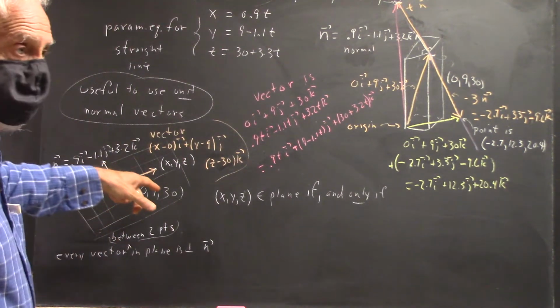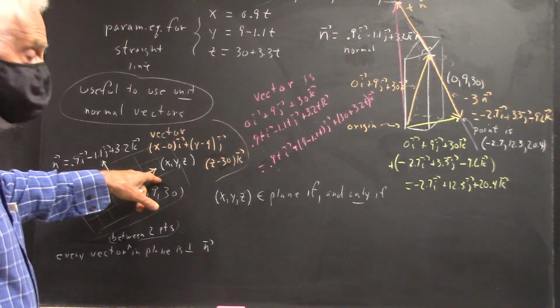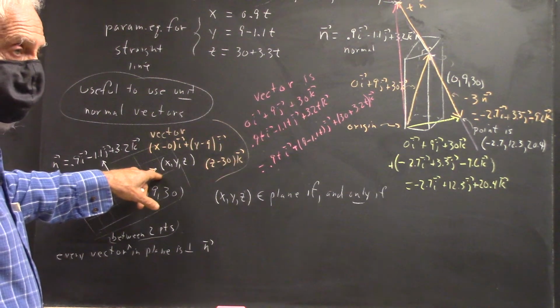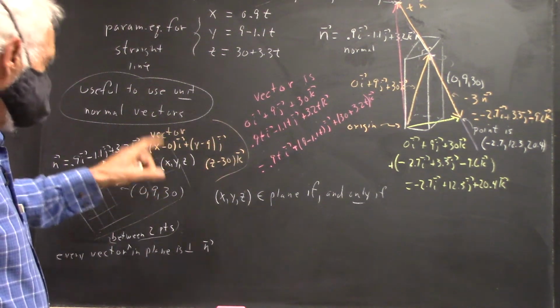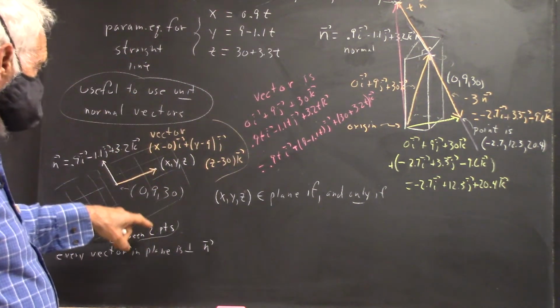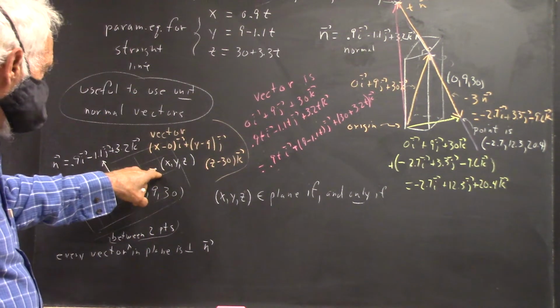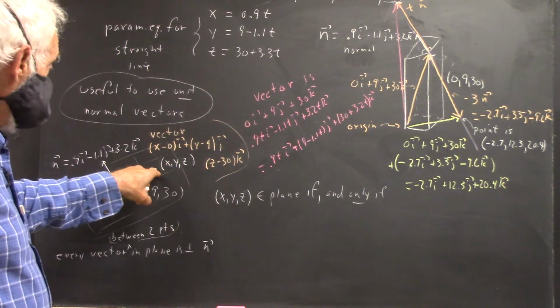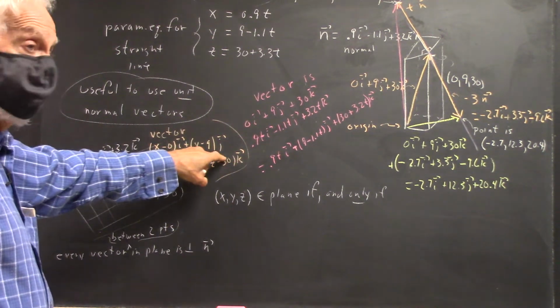From here to here, if you want the vector from here to there, the x component, or the i component, will be the x component of there minus the x component of here. The y component of there minus the y component of here.